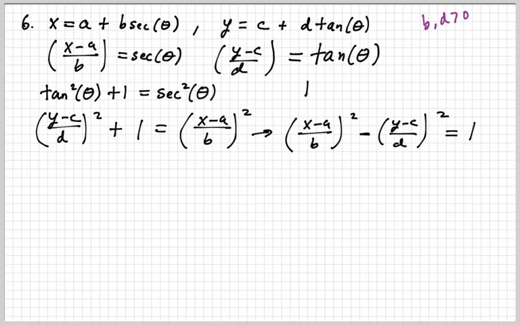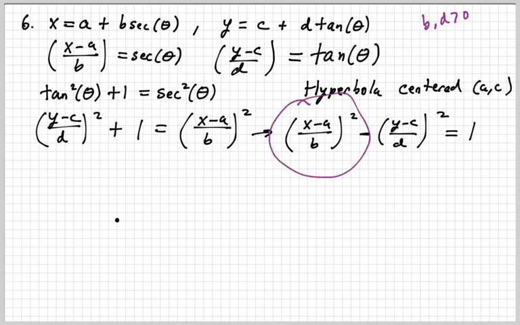This is the equation of a hyperbola centered at (a, c). Okay. Now, notice the x term here is positive, so that's going to tell us that we're going to be opening left and right. If the y term is positive, then you're going to be opening up and down.